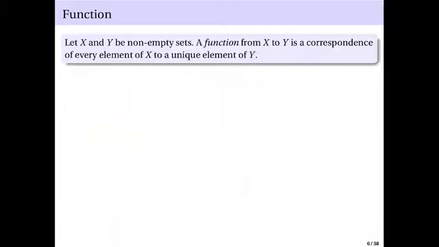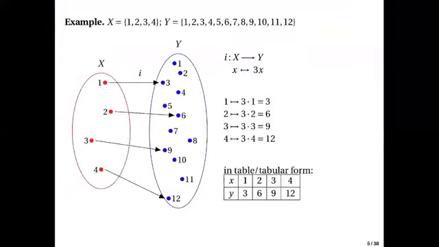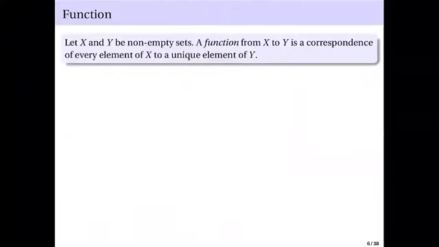Okay, so let us define now what a function is. Let x and y be non-empty sets. A function from x to y, take note of this, is a correspondence of every element of x to a unique element of y. Okay? There are two things to take note of.